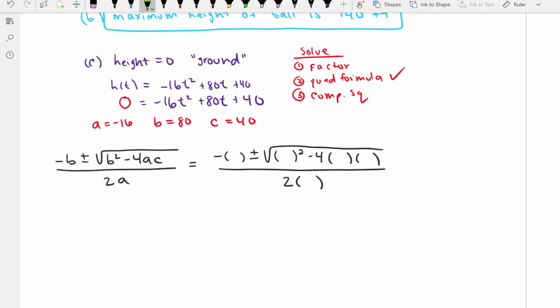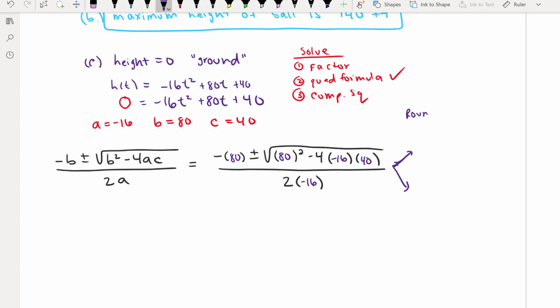So I'm going to plug in 80 for my B. For A, I have negative 16, and my C value is 40. So I'm going to have 2 different answers here. I'm going to have the positive, and I'm going to have the negative. So I'm just plugging this into my calculator, and I'm going to round to, let's say, 2 decimal places.